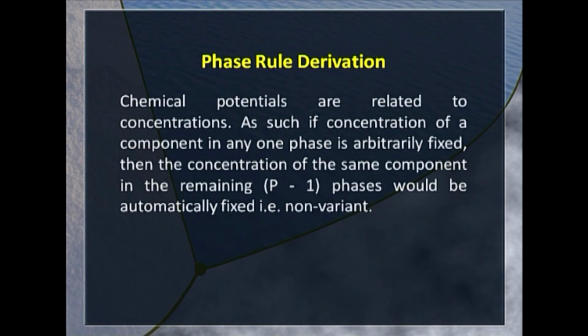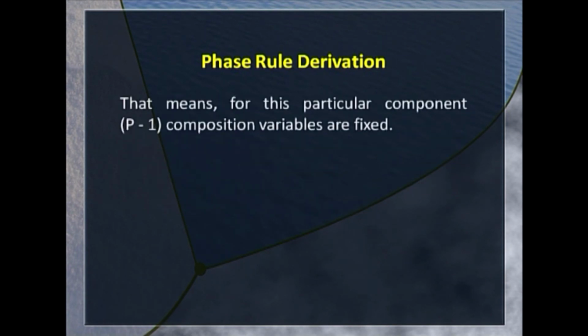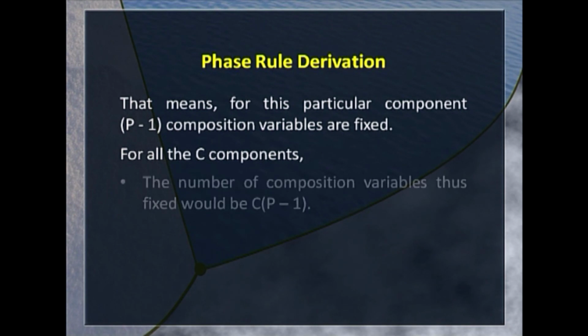Therefore, if the concentration of a component in any one of the phases is arbitrarily fixed, its concentration in the remaining p minus 1 phases would be automatically fixed, because it becomes non-variant, which means for this particular component p minus 1 composition variables are fixed, and if we consider all the C components present in the system, the number of composition variables thus fixed would be C into p minus 1.